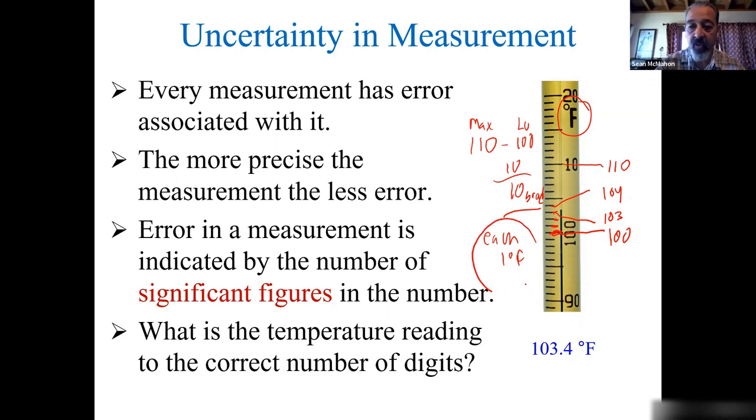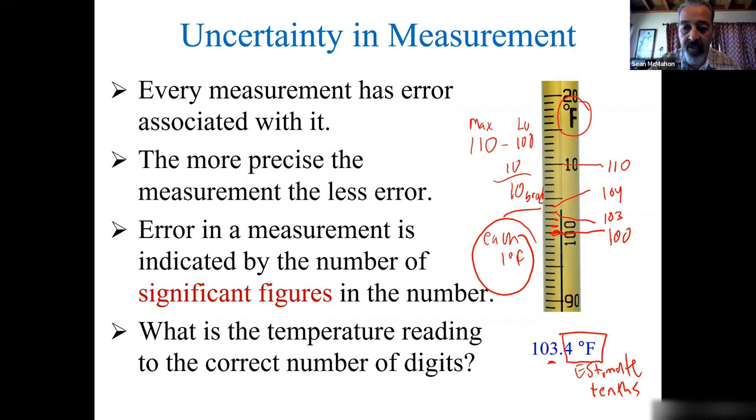Because each graduation is to the ones place, my estimate is to the tenths. I was going to write 10, but really what I should be doing is writing tenths.